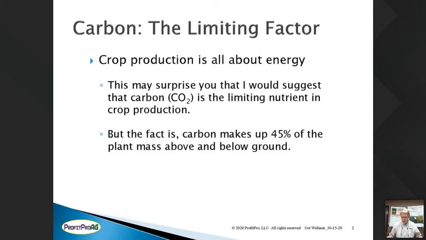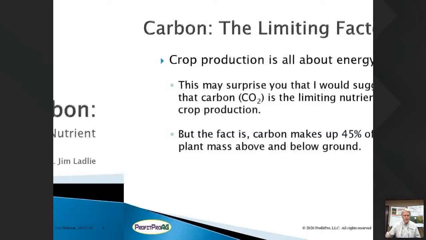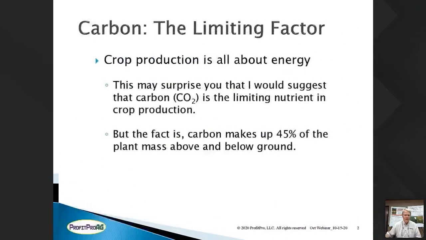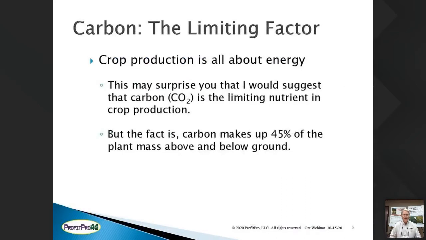So what I'm going to do right now is really start. What we're going to talk about tonight is carbon, the limiting factor. To some of you, this may be an interesting subject when we talk about carbon and crop production being a limiting factor.